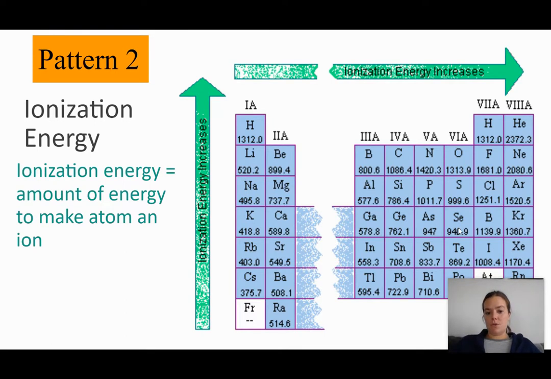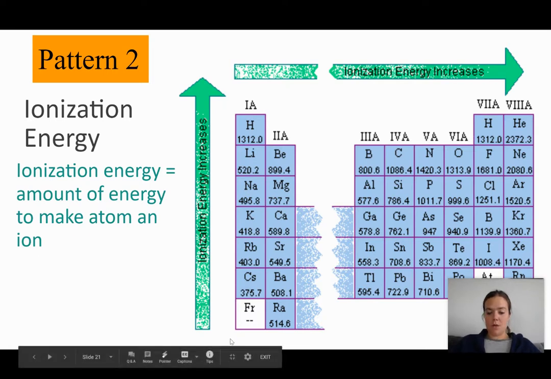So the general trend shows that as you go up the periodic table and then as you go to the right, the ionization energy increases, with the largest ionization energies falling over here in this top right corner and the smallest ones in the bottom corner.